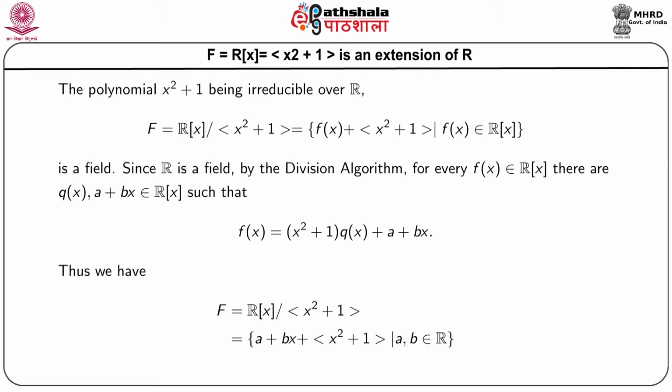Thus, we have the field F as the collection of all elements of the form a plus bx plus the ideal generated by x square plus 1, where a and b are two real numbers.